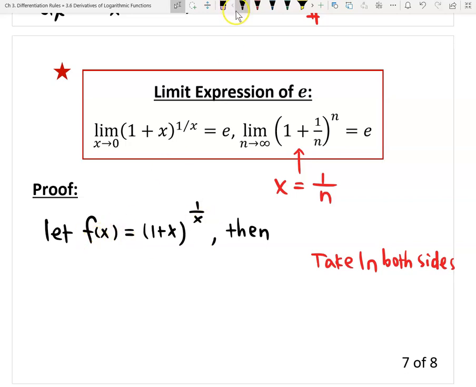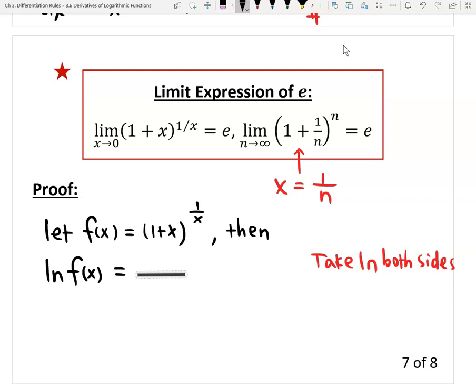But we can take ln first. After I take ln, ln f(x) equals what? The power can come down, right? That is the power rule, and then we get a fraction. That fraction is much simpler.